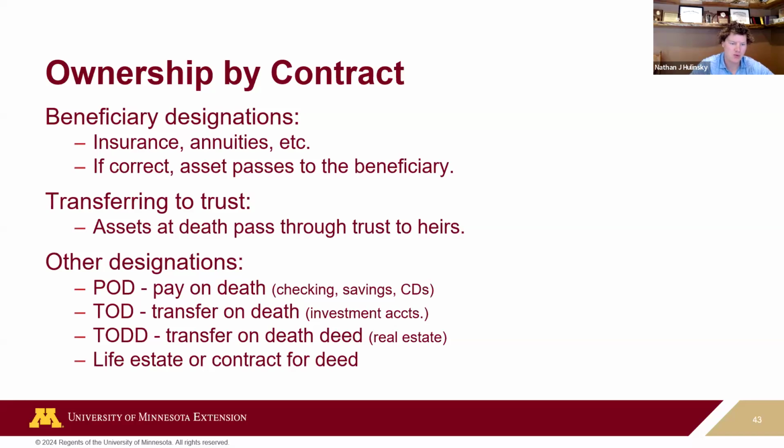If you have the transfer on death set up properly, it should transfer on death to the next person in line. Transfer on death deed, again, that's more real estate, where you can put up the TODD, and once you die, your land will go directly to your kids or your spouse or whoever your transfer on death deed is.